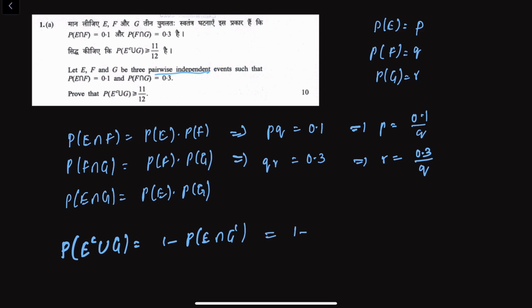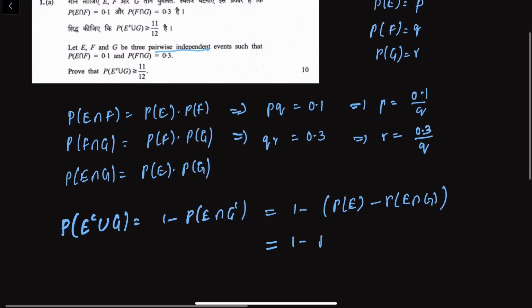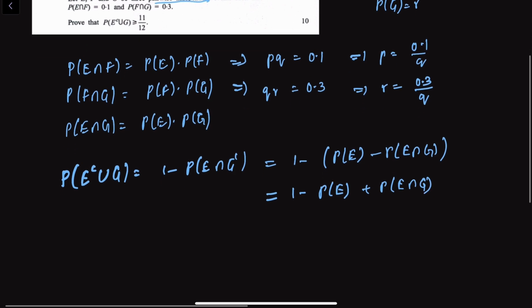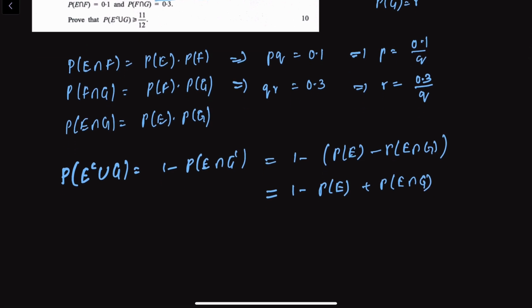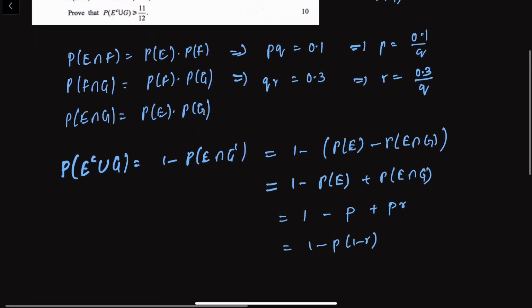That is 1 minus probability of E minus probability of E intersection G, which is 1 minus probability of E plus probability of E intersection G. We know probability of E intersection G is P into R, and probability of E is P. So basically this is 1 minus P plus PR, which is 1 minus P into 1 minus R.